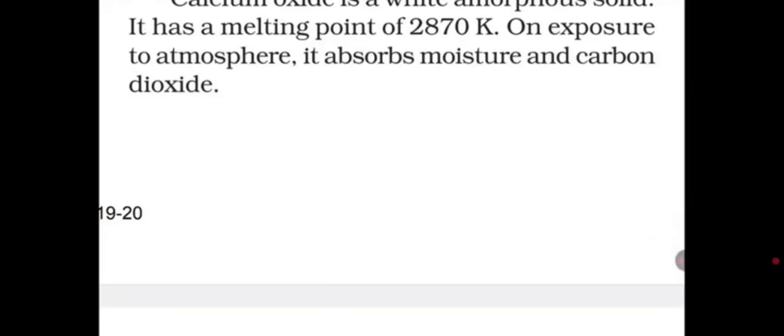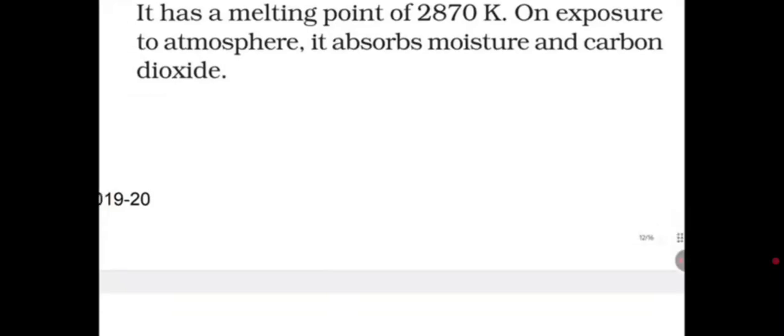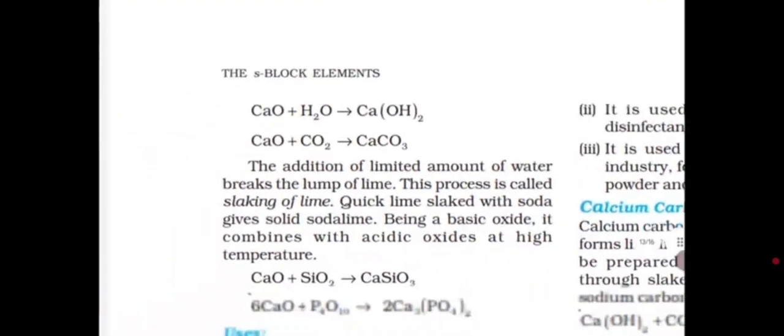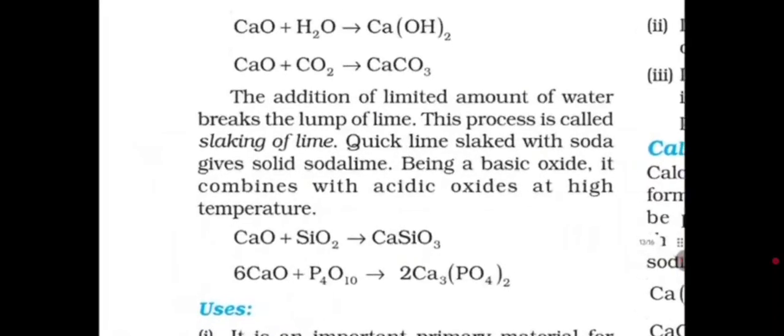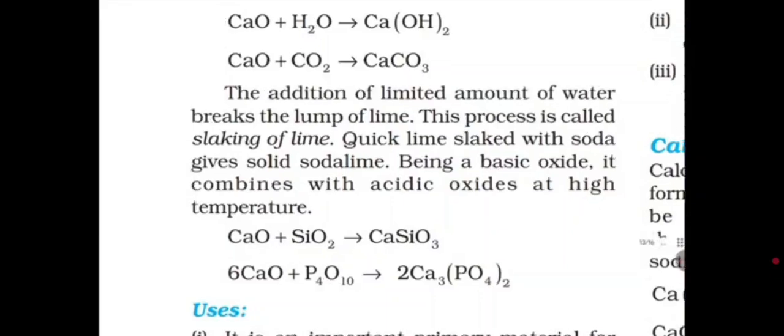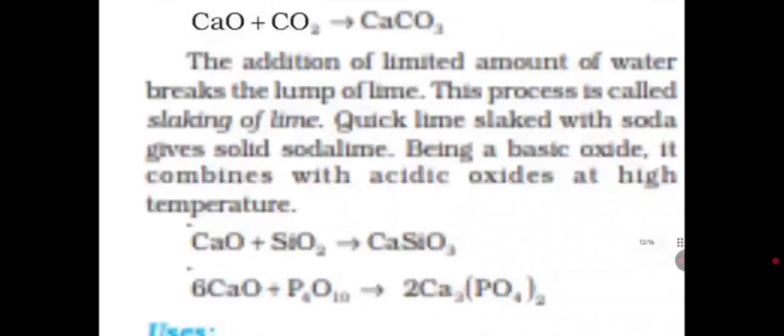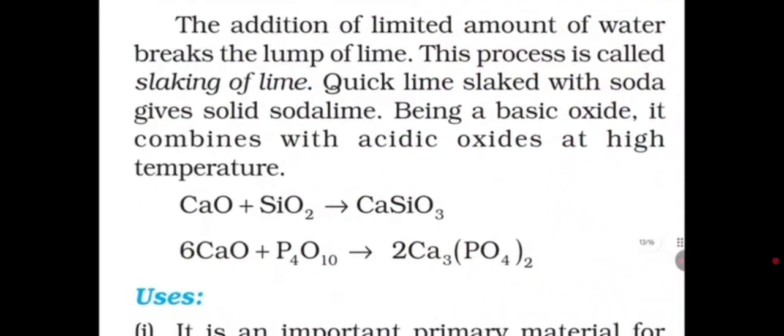On exposure to atmosphere, it absorbs moisture and carbon dioxide. Calcium oxide plus water gives calcium hydroxide. Calcium oxide plus CO2 gives calcium carbonate. The addition of limited amount of water breaks the lump of lime. This process is called slaking of lime. Quicklime slaked with soda gives solid soda lime.